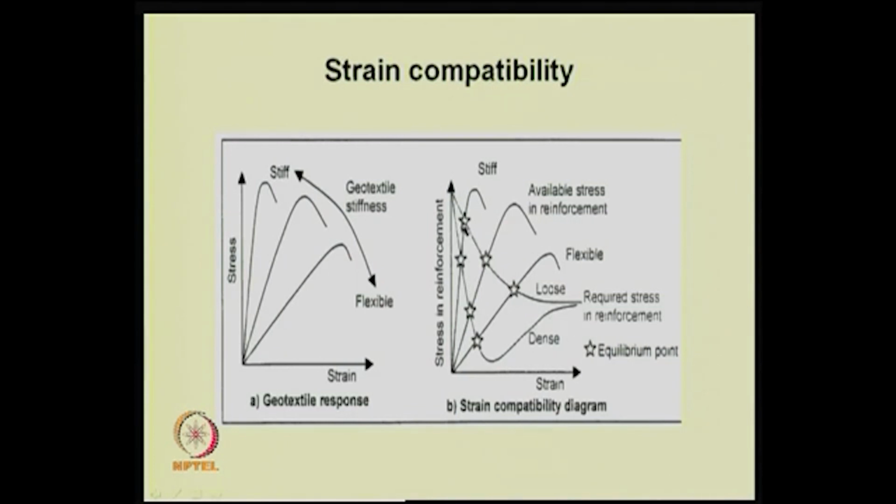When they strain together, in the case of dense material the strain required is quite less, whereas in the case of loose material the strain required is a little more.